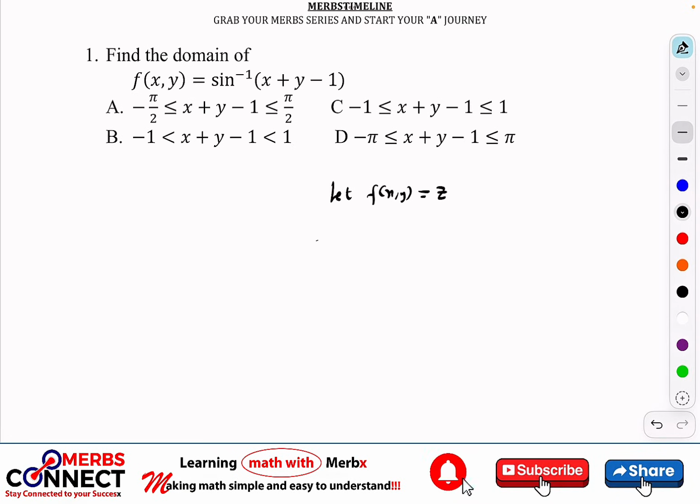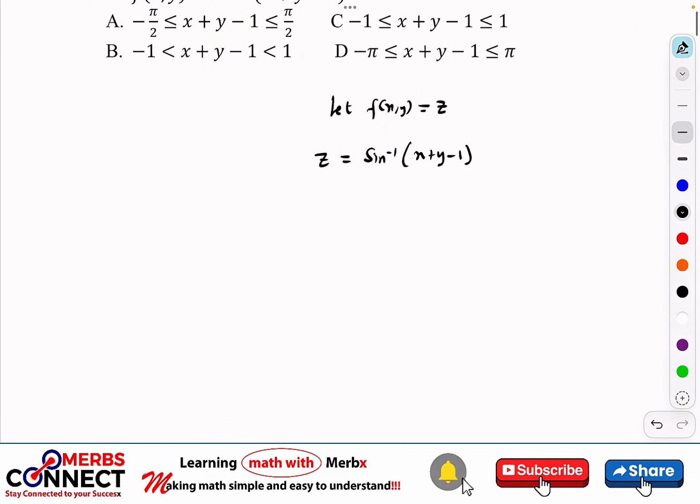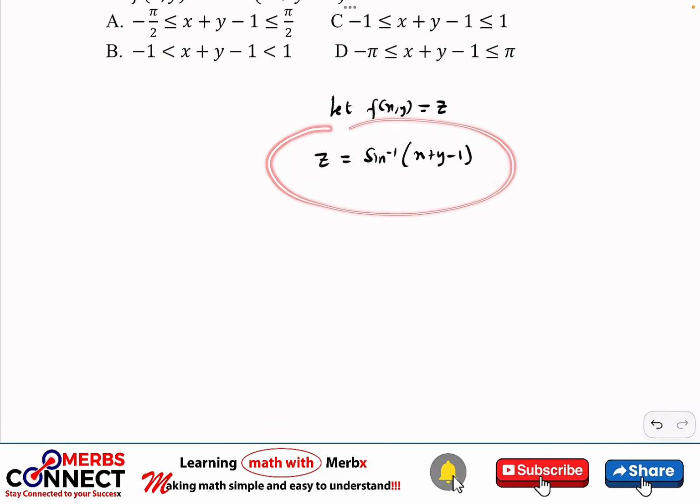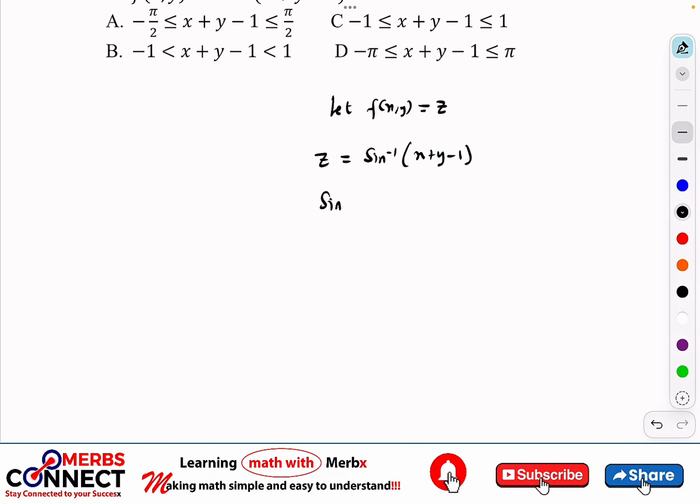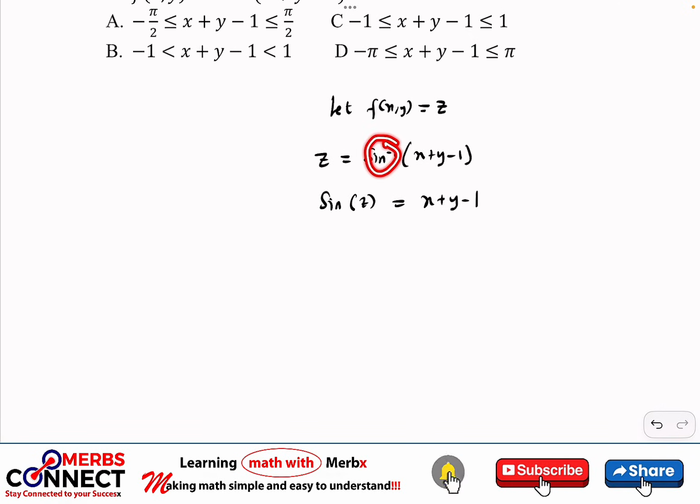When I do that, it means I'm going to have z is equal to sine inverse of x plus y minus 1. And here I can take sine on both sides to have sine of z, which is equal to x plus y minus 1. So I just move this inverse to this side and I have this.